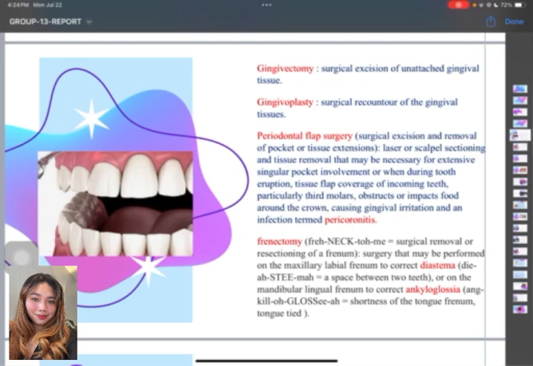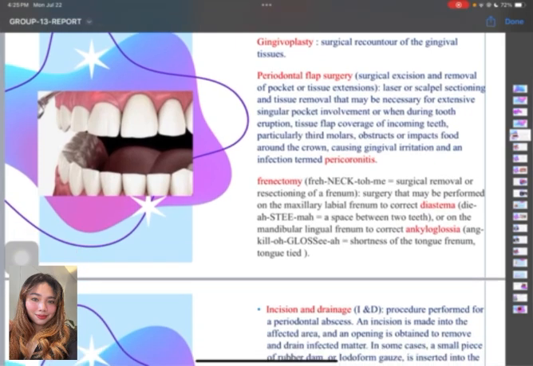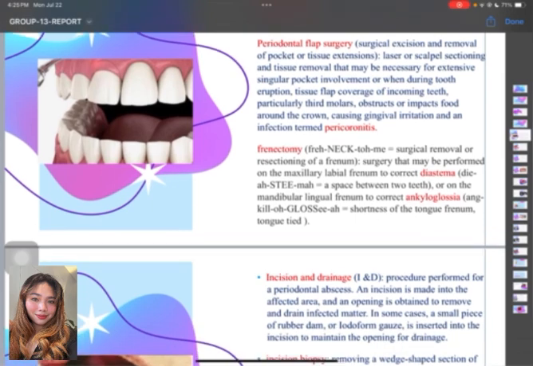You can use a laser or scalpel to section the tissue to remove extensive singular pocket involvement, or during tooth eruption, particularly in third molars. Because third molars obstruct or impact food around the crown, that can cause gingival irritation and infection called pericoronitis.